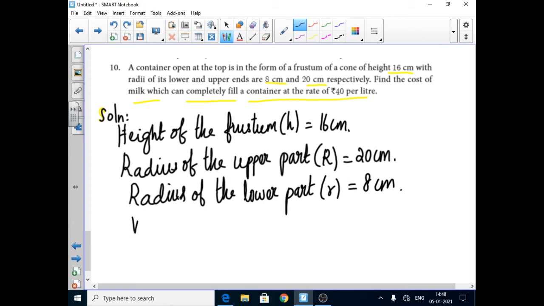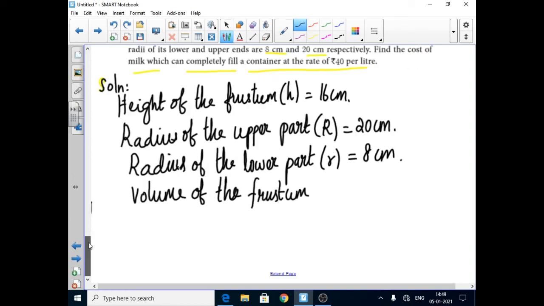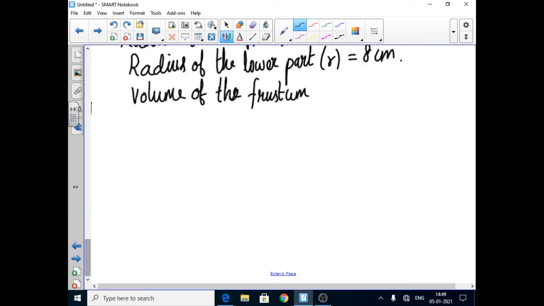Volume of the frustum. The formula is 1/3 pi h (R square plus r square plus Rr) cubic units.